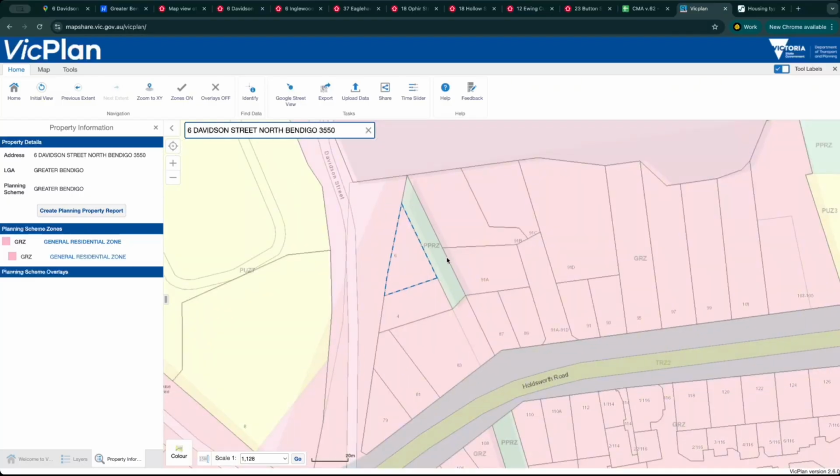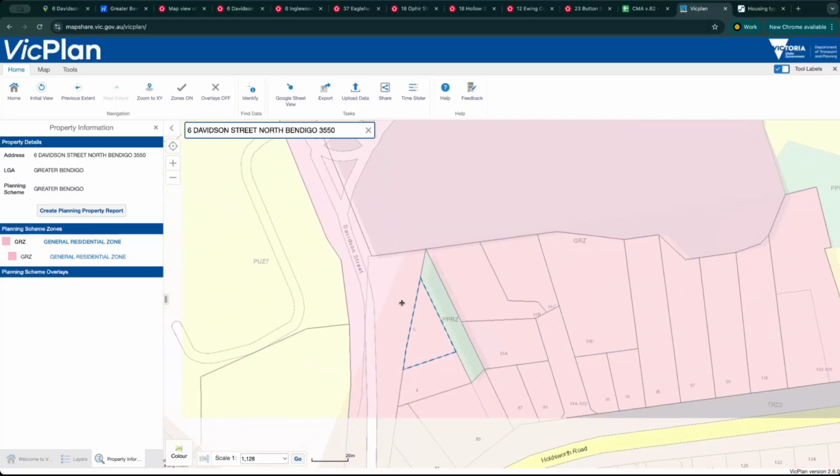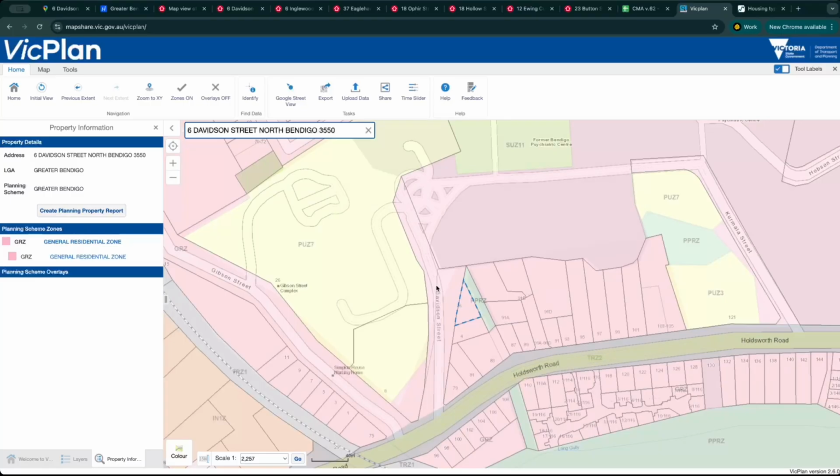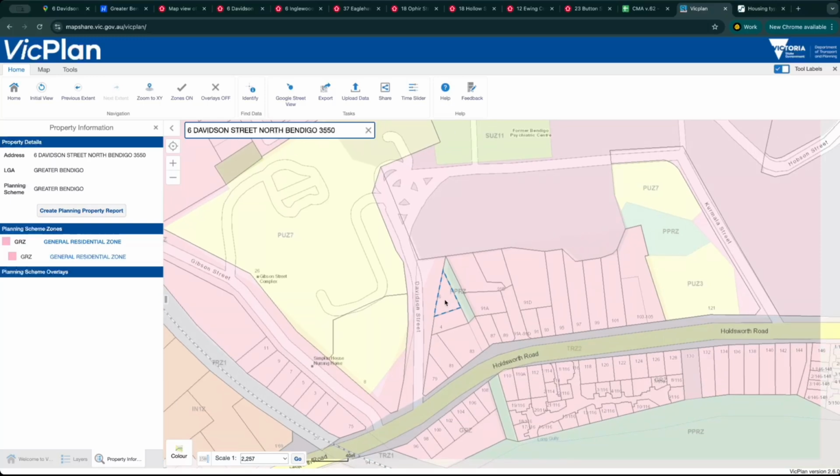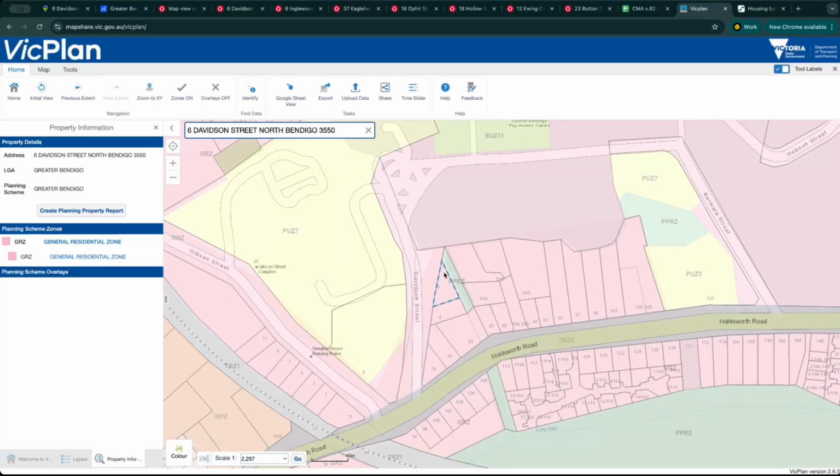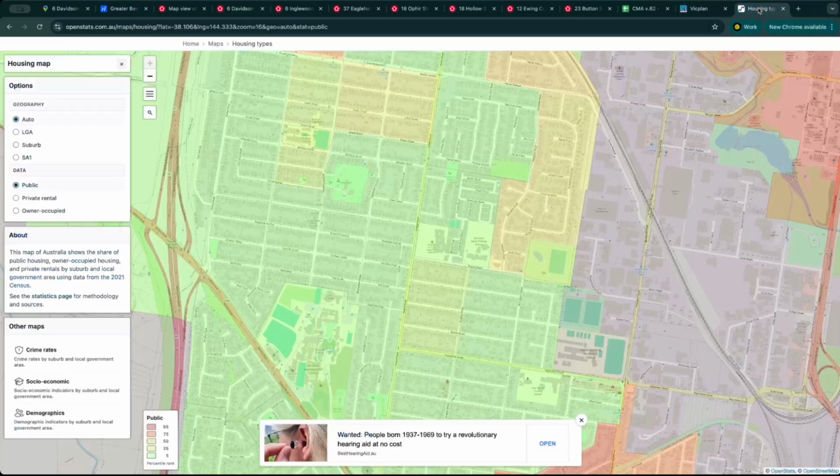You've got a public park zoning behind the property, which is insignificant. But overall, there's no flood zoning, there's no bushfire zoning, besides the fact that the block is a really strange shape and it's not regular. Zoning is okay.